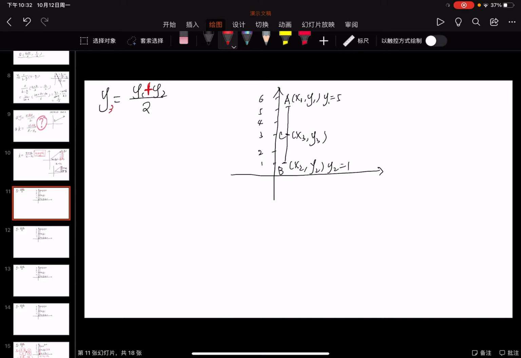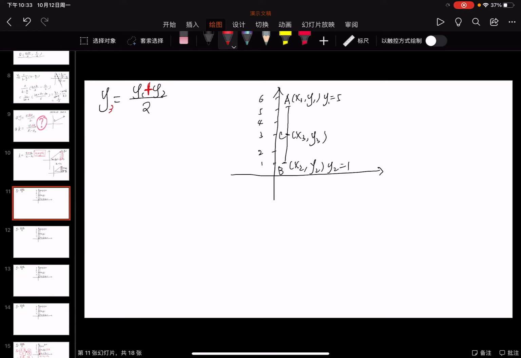Let's check that. Let's start from a very concrete example. Let's say in a vertical line segment, we have y1 equals 5 and y2 equals 1. Because it's vertical, x1 equals x2 equals x3, so we don't need to think about x. We only need to focus on y.